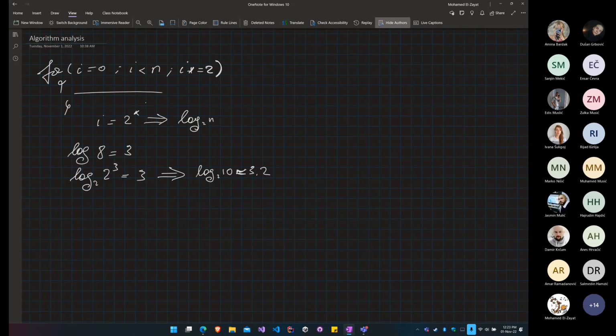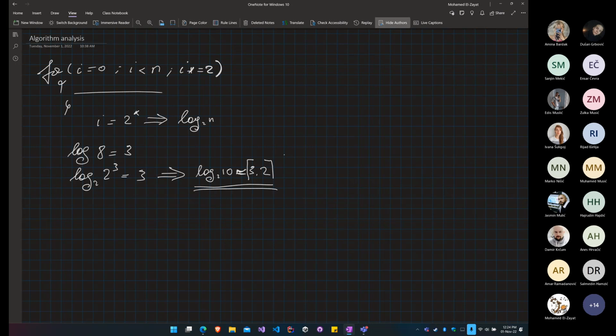Now, the point of the story here is that it's not about the calculation. What I wanted to say is, when you are calculating a complexity and you run into such a number, you need to apply a ceiling. In math, you have a ceiling and a floor.